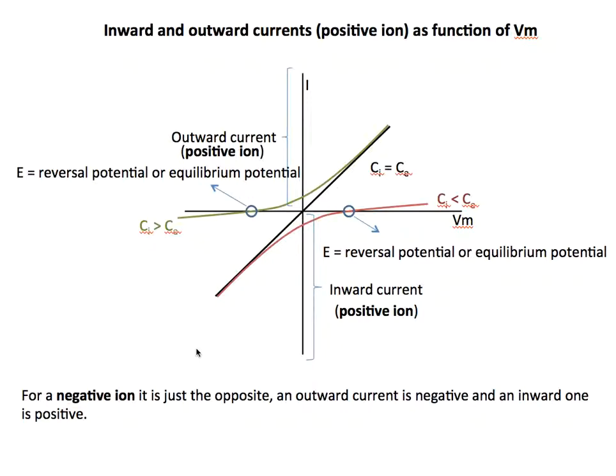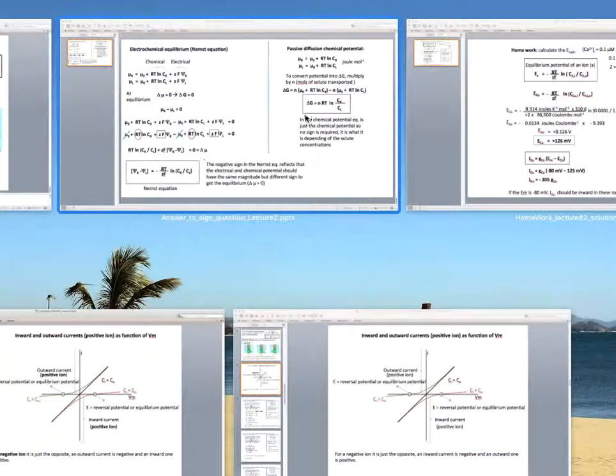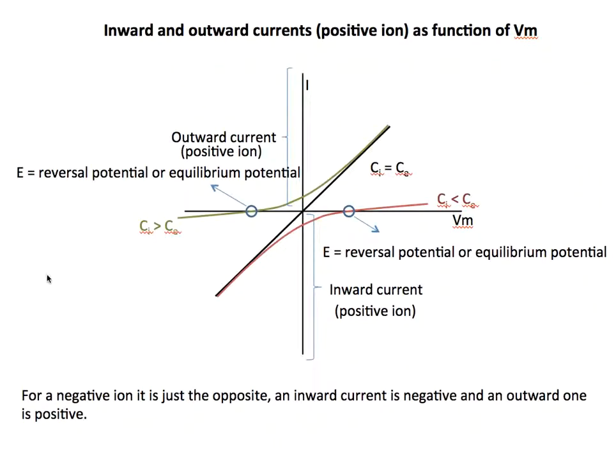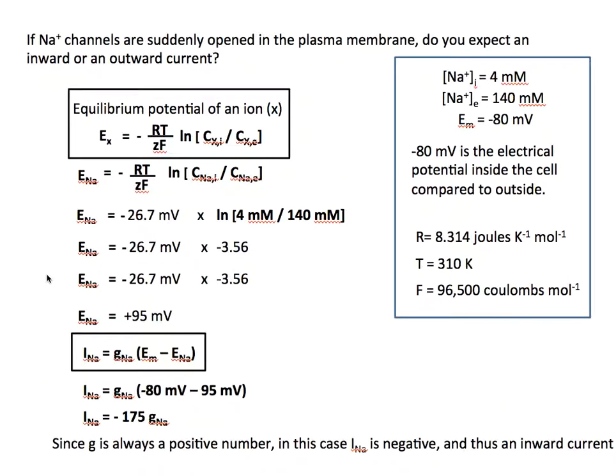Okay. Let's go to the other PowerPoint. Here we go. Math. We have to be able to do math because you will see math questions. If sodium channels are suddenly opened in the plasma membrane, do you expect an inward or outward current?